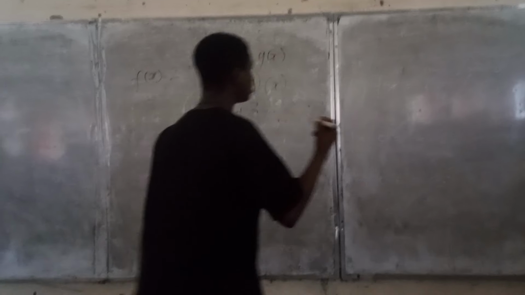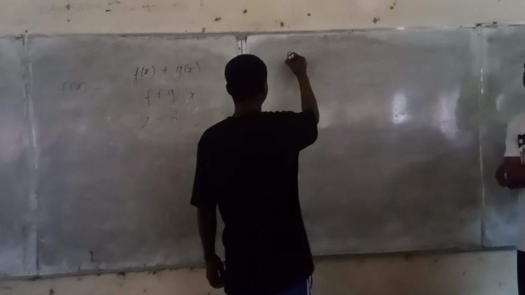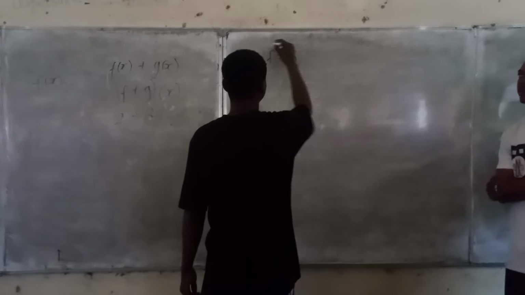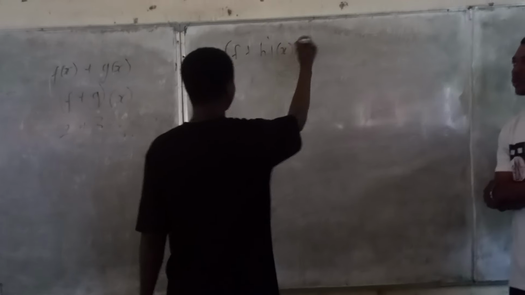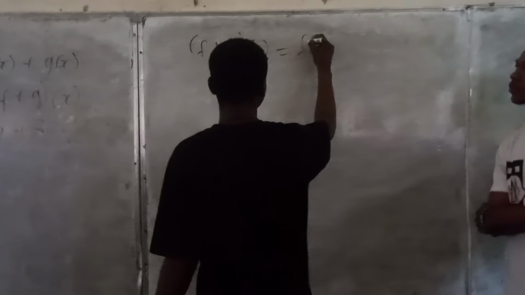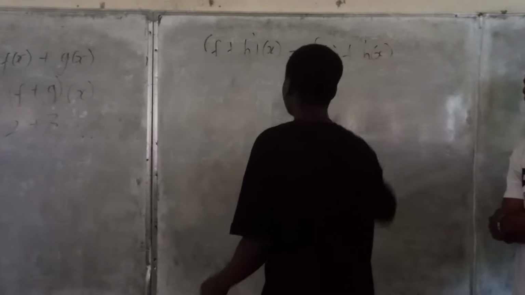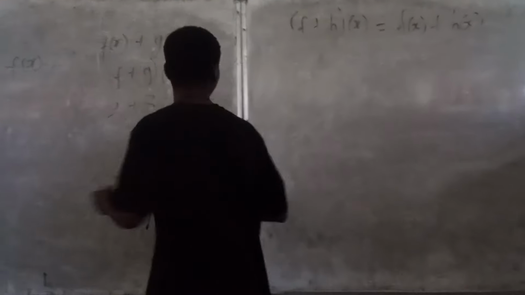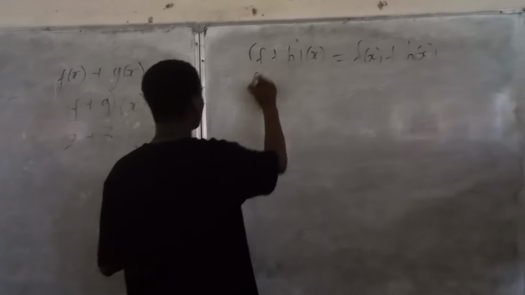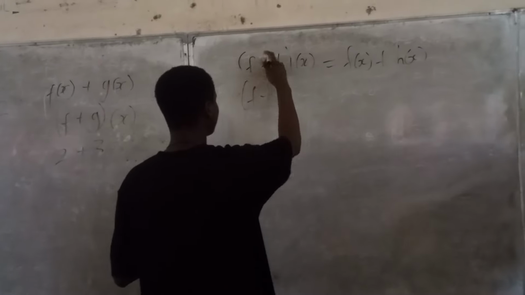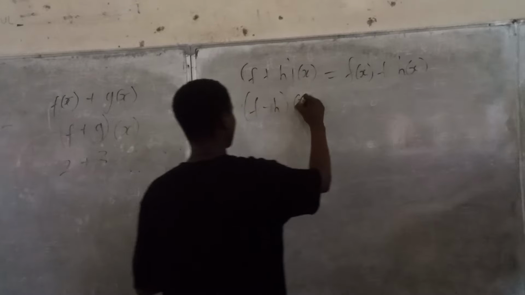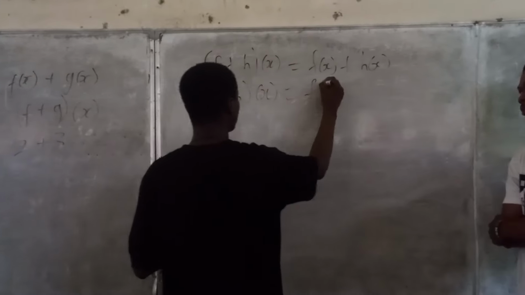We have addition, written as f plus g of x. We have the subtraction, which is almost the same thing, except the sign changes. It can also be used in this form too.